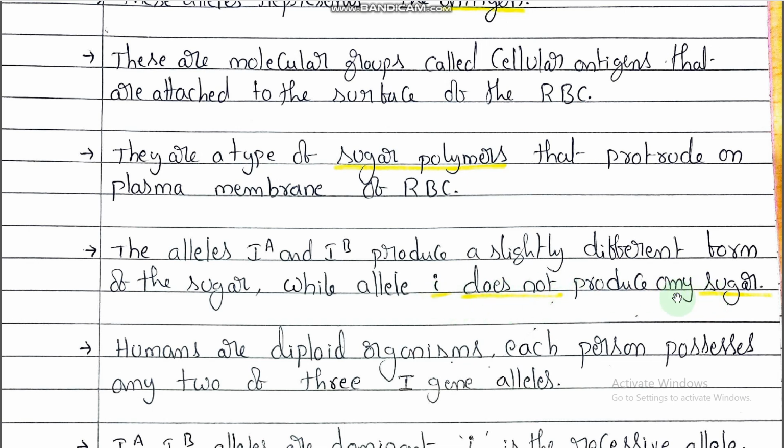Sugar is nothing but either glucose or any type of polysaccharide, right? Remember this point, it is very important. IA and IB produce slightly different forms of sugar, but small i does not produce any type of sugar, right?